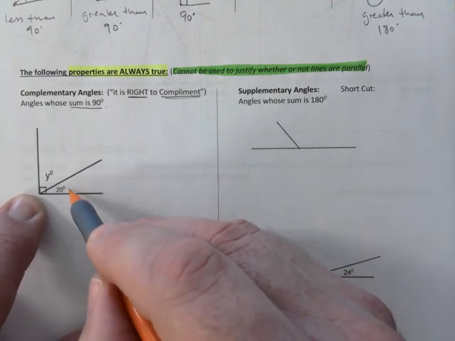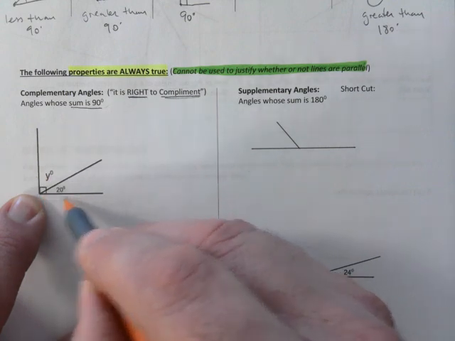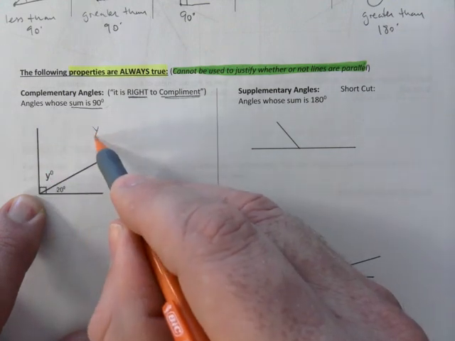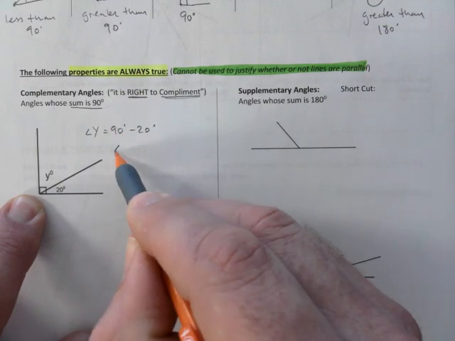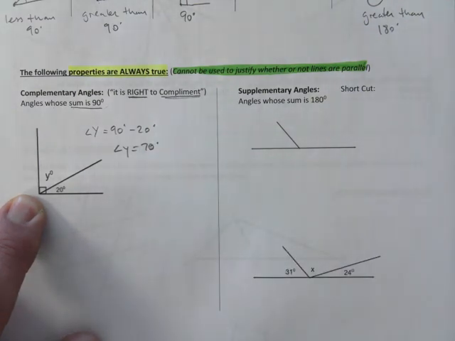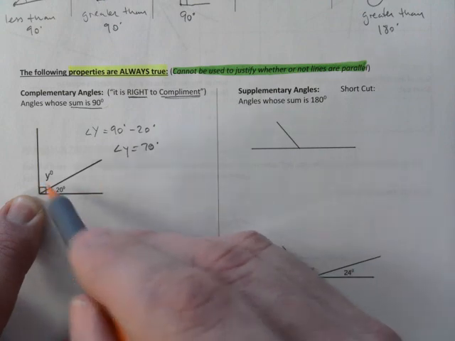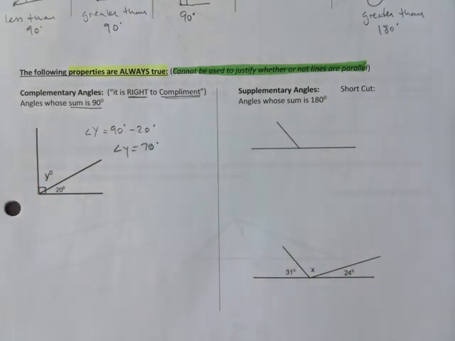And so if this is 20, and you know that these sides out here make a 90, then obviously angle Y would simply be 90 minus 20. So angle Y is 70. No surprises there, but sometimes students miss it. They miss the fact that, hey, there's an easy way to find Y, and there it is.